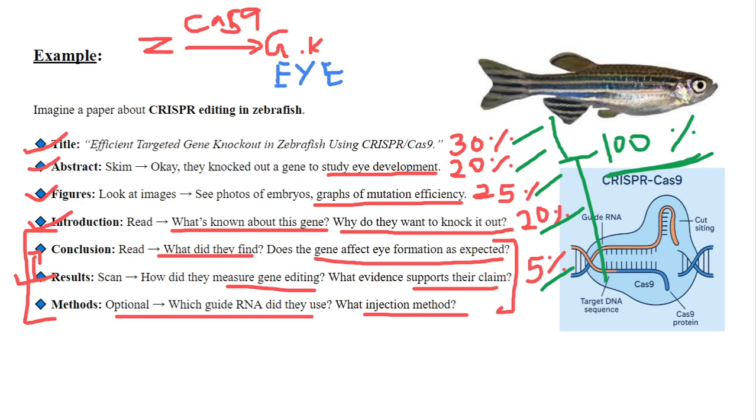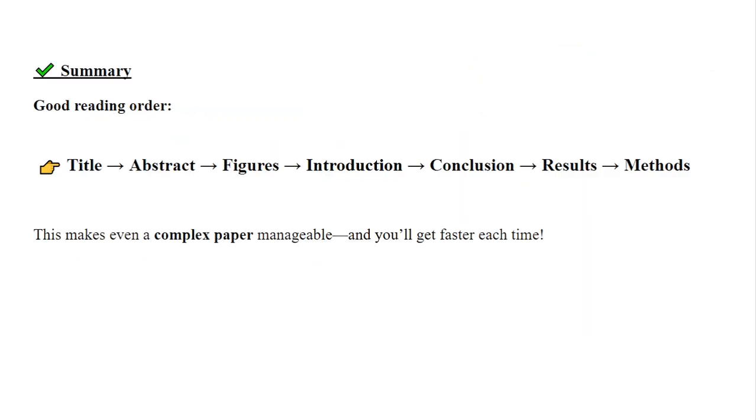If you don't follow the order of the topic, you will not get the knowledge. That is true. If you align the topics as title, abstract, figure, introduction, conclusion, results, method, you will get more knowledge. Okay, it's clear. We will move to the next slide.